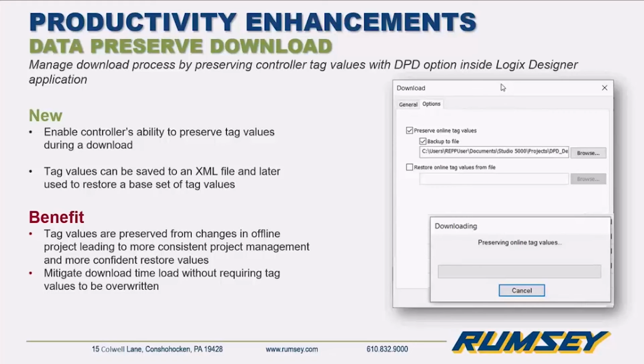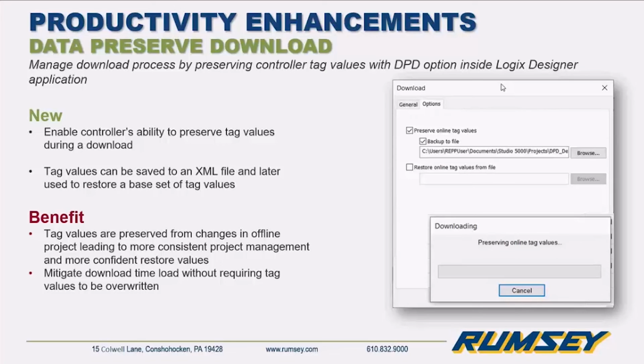So yeah, if you actually made the changes in your offline program to all the tags, you can do that. But like I said, it's basically designed around a system that's been out and running, and for whatever reason you need to download to it.